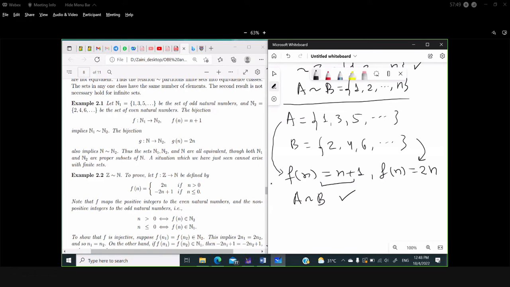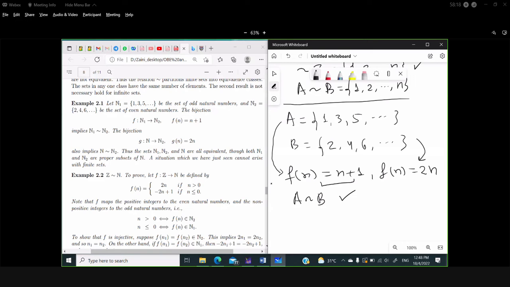But here, no, we don't say it like this. Equivalence depends on the bijectivity of the function. If we are able to find a bijective function between these two sets, then we say they are equivalent. This function is really a bijective function for these two.